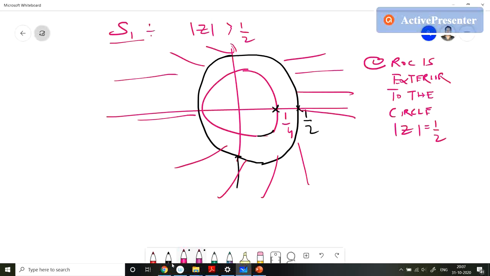Now we can easily say that, since the unit circle, where is the unit circle? This is our unit circle of radius 1.